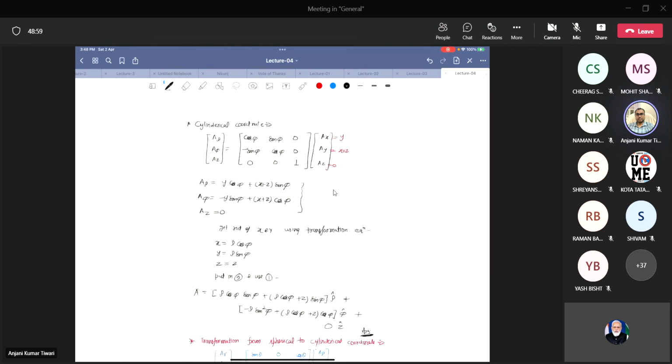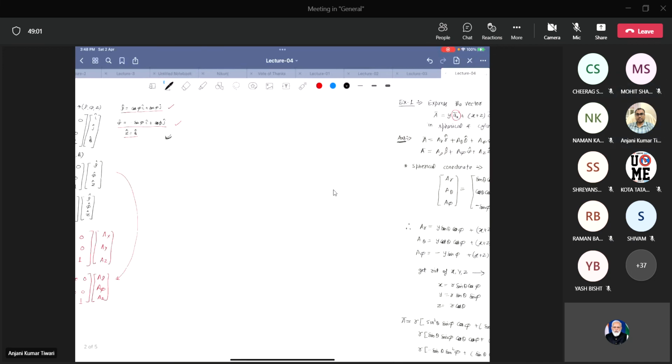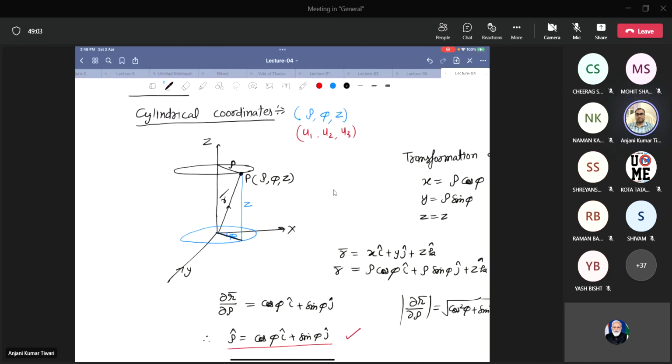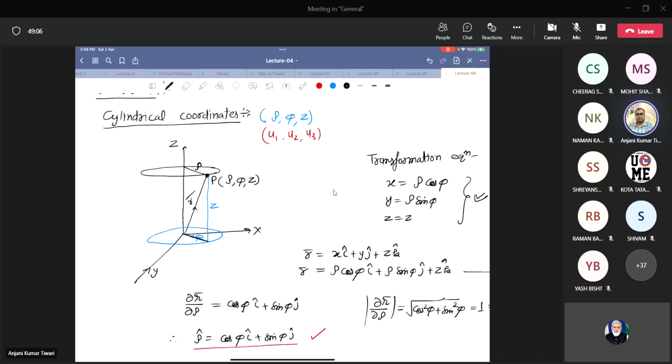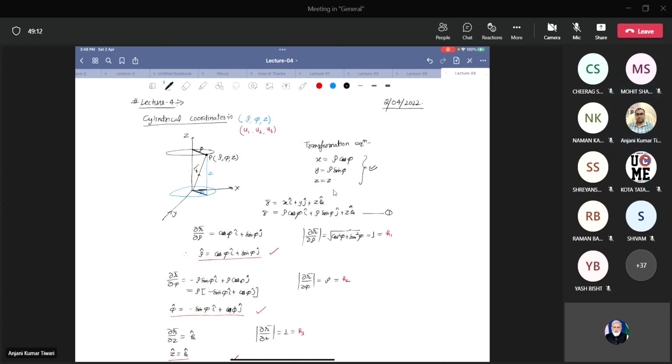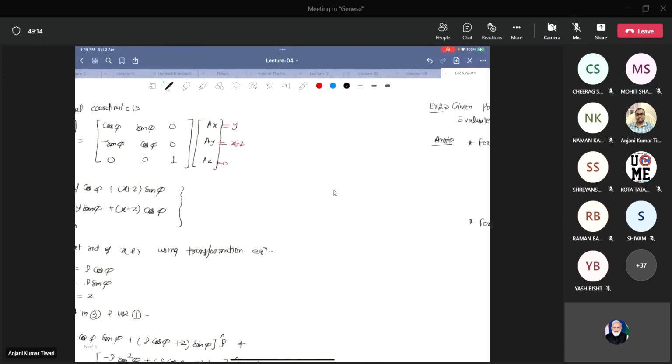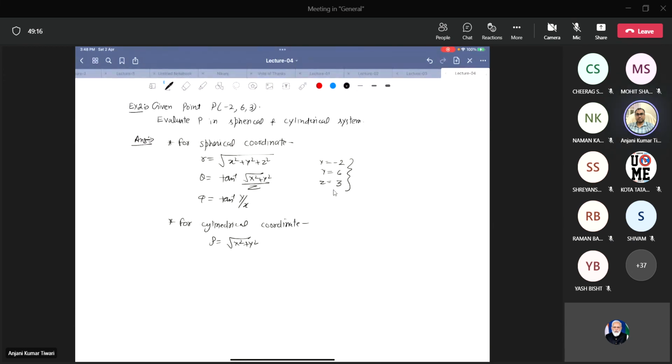You can just see from here, this is the coordinate system, and this is our rho, the radius. Phi is tan inverse y over x, and of course z is equal to z.